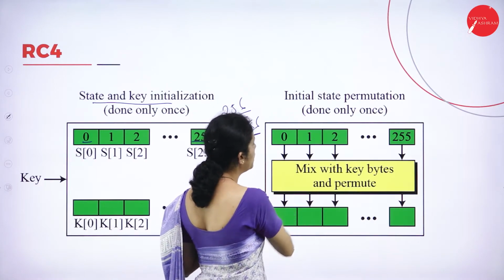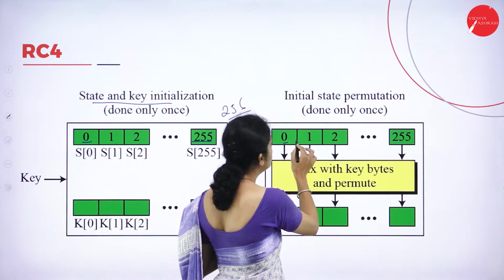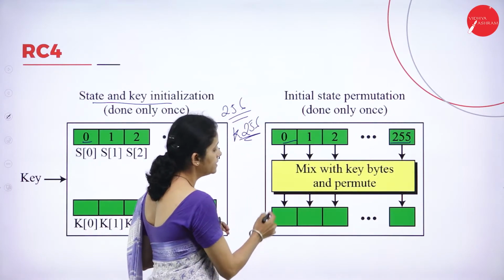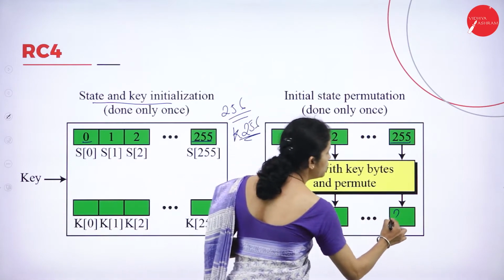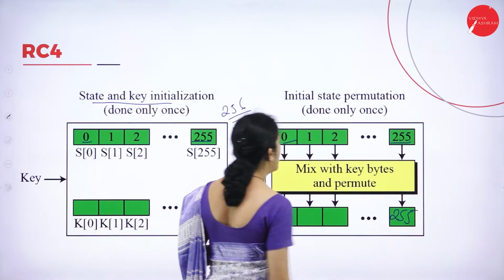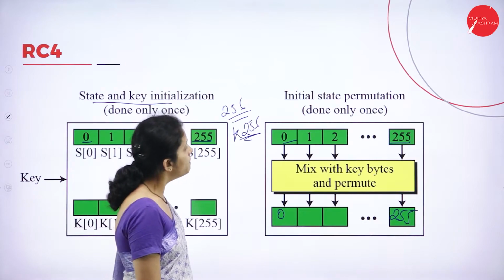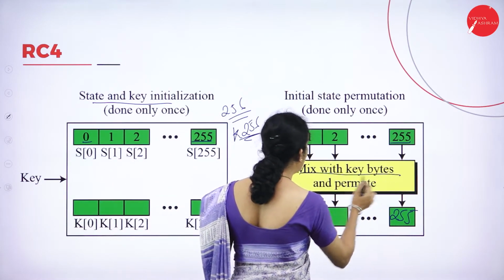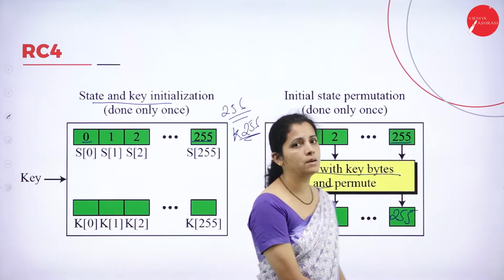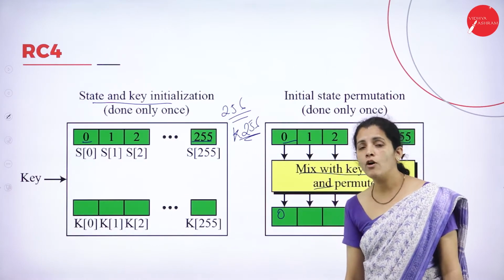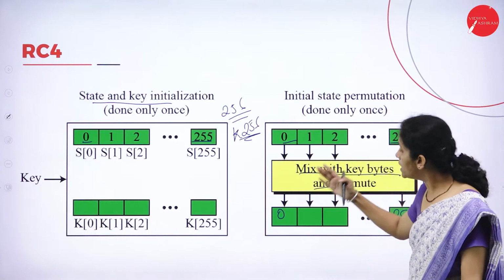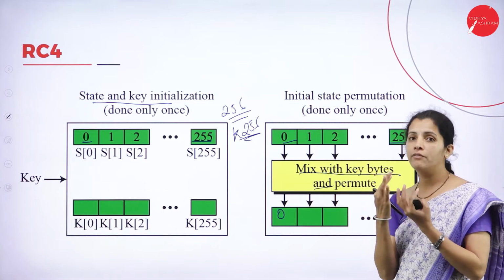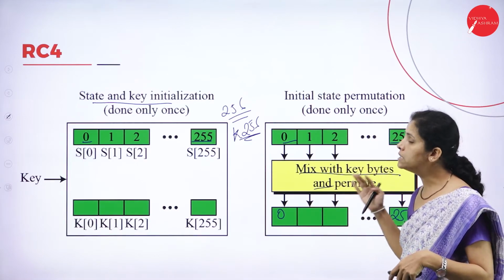So here I have the state, 0 to 255, and the key, 0 to 255, and I perform a mixed permutation. That means mix with key bytes and permute. I perform permutation with both key and state, so I shuffle both key and state.